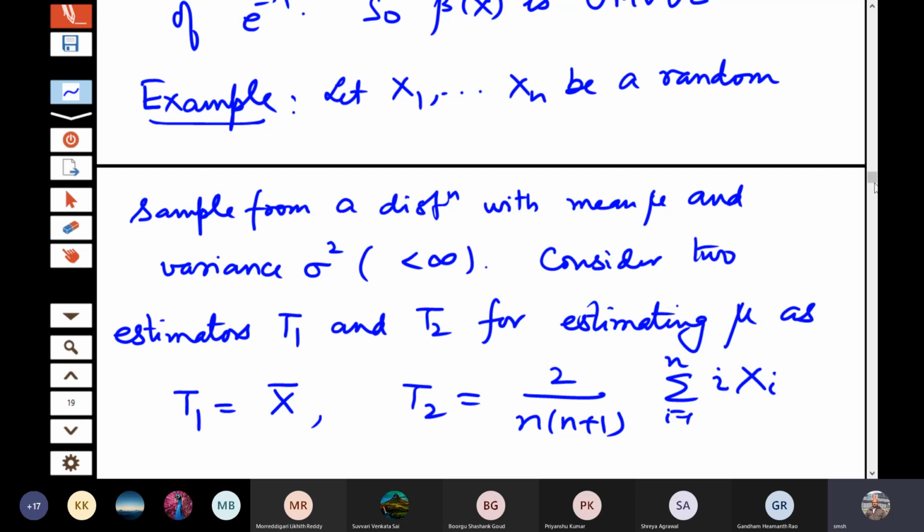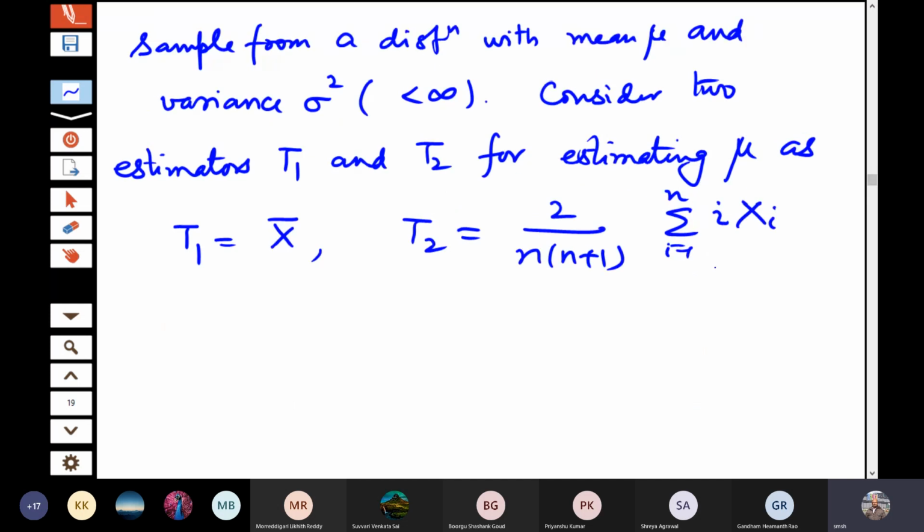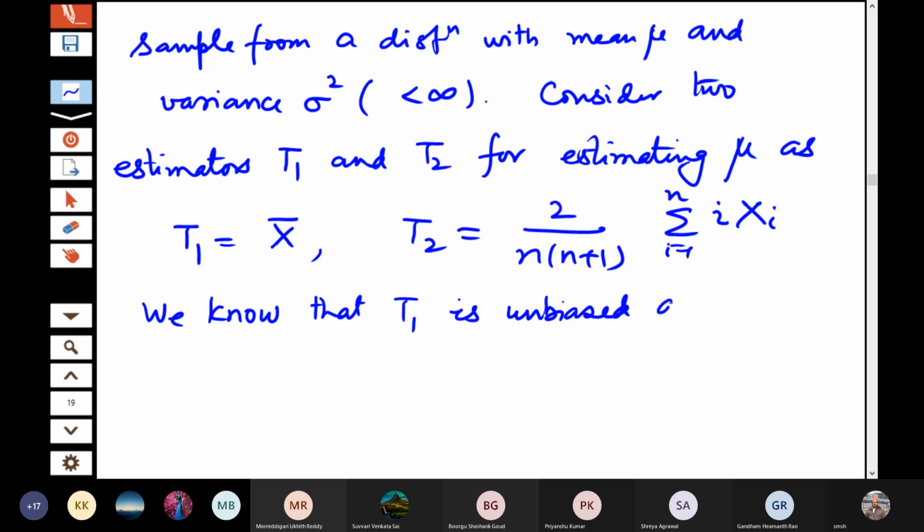We have already seen that T1 is unbiased and consistent for mu. So let us take T2 and see what happens.